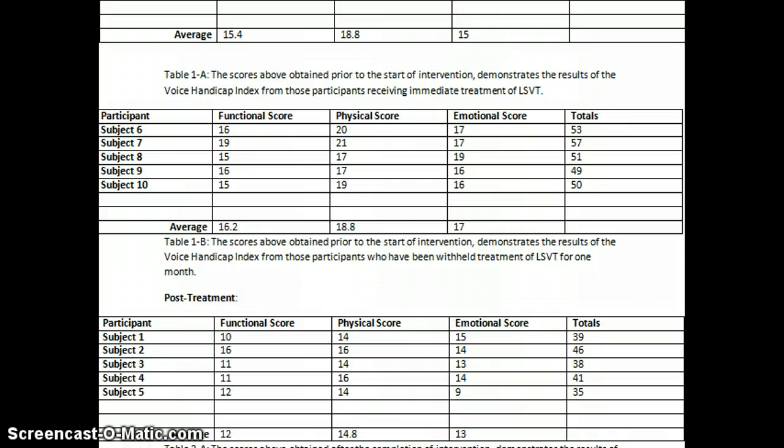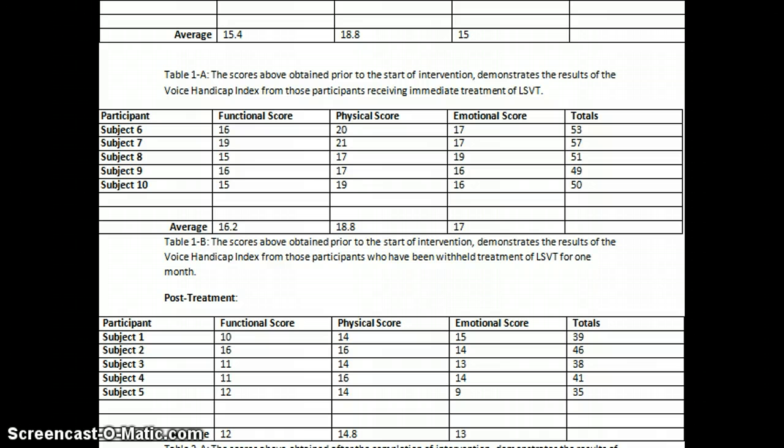And then lastly, subject 10, functional score of 15, physical score of 19, and emotional score of 16, leaving for a total of 50, which is again moderate to severe. So I just wanted to give you guys an idea of what is moderate, what is severe, what is mild. Again, you can see at the bottom the averages for each level, functional, physical, and emotional. They're all within the moderate to severe range, I would say.